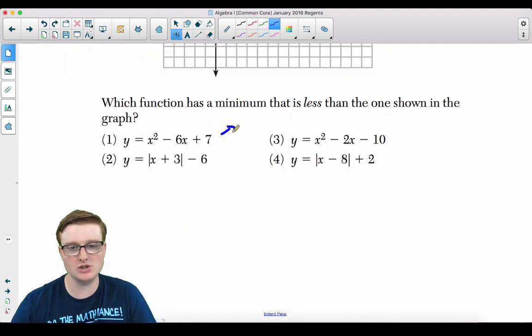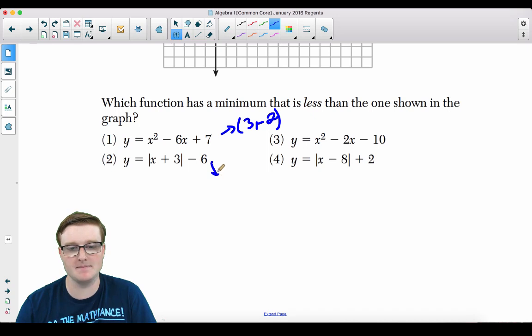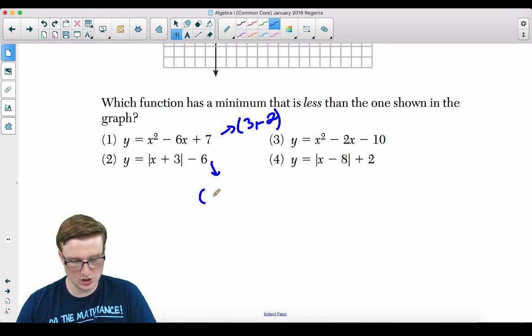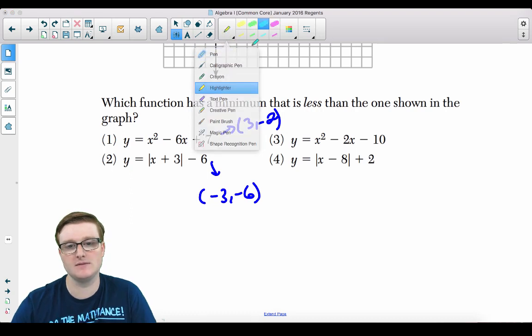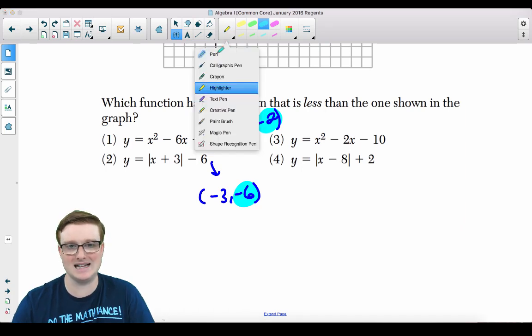The minimum for choice 1 is the point 3, negative 2. And you could graph these all on your calculator, but I'm not going to waste your time. The minimum for choice 2 is the point negative 3, negative 6. Are any of these numbers less than negative 7? So is negative 2 less than 7? Is negative 6 less than 7? Sorry, negative 7? No, it is not.